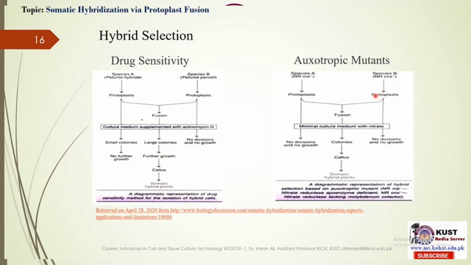The parental protoplasts of these alone cannot grow on nitrate medium while the hybrids can grow. The selection of auxotrophic mutants is possible only if the hybrid cells can grow on minimal medium. Another limitation of this technique is the paucity of higher plant auxotrophs.